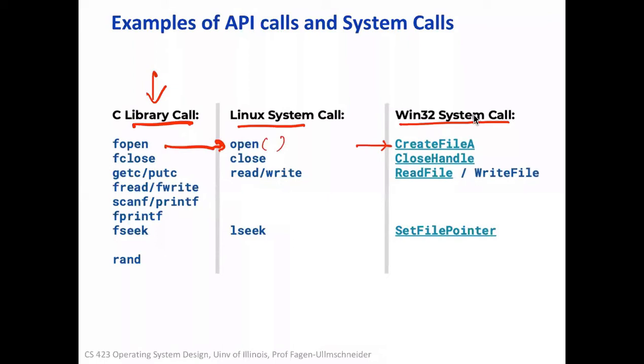Similarly for closing, if the C library has a function called fclose, then it uses the close system call in Linux and CloseHandle in Win32, and so on. Even a very simple thing like scanf and printf internally will use some system call in Linux and some system call in Windows.